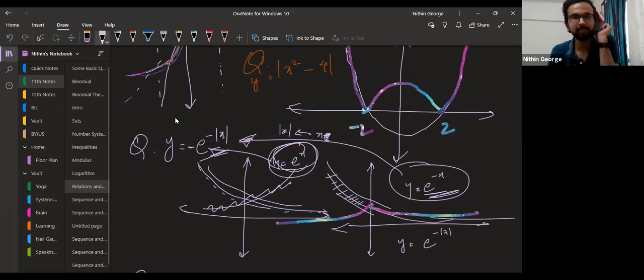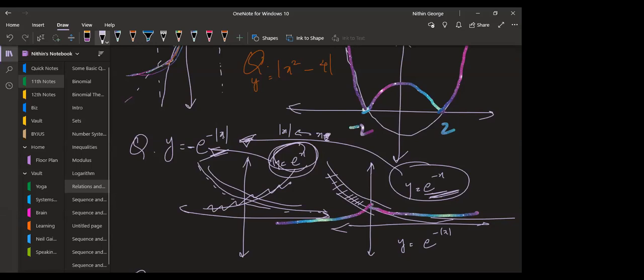So if I put a minus here, how will the graph change? If I put a minus here, how will the graph change? I'm asking all of you. If I put a minus here, how will this blue-purple graph change?